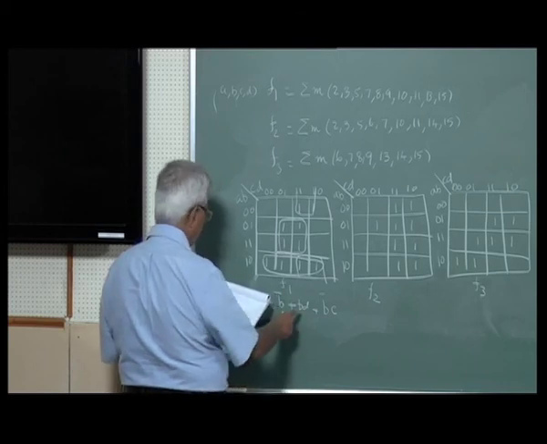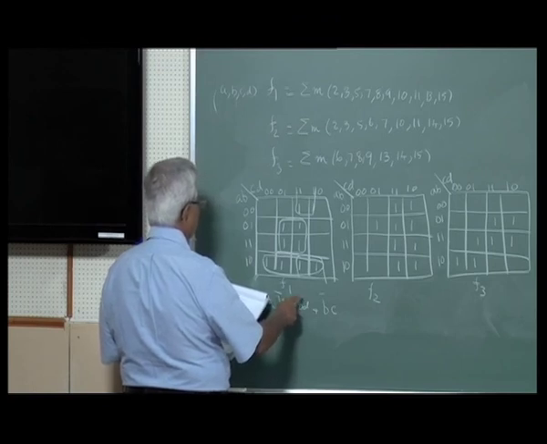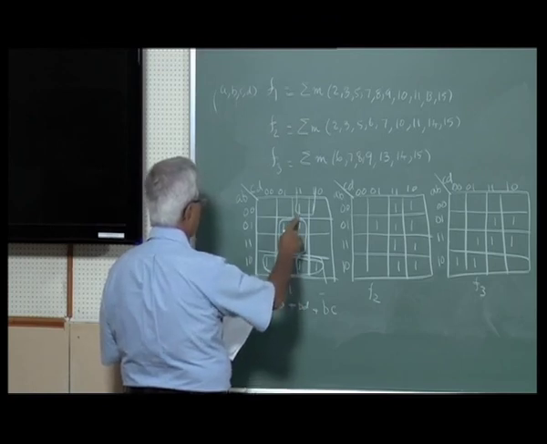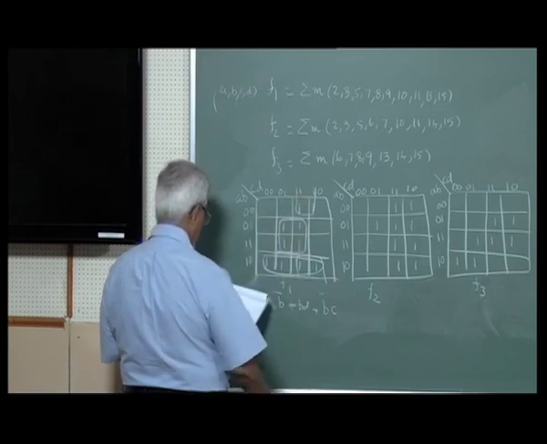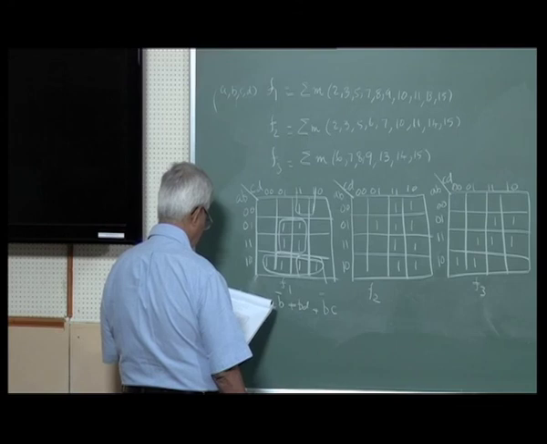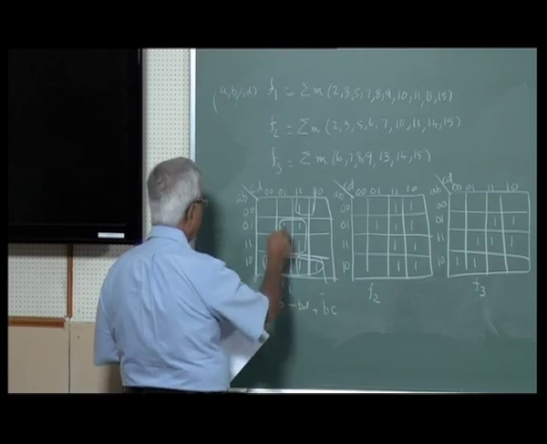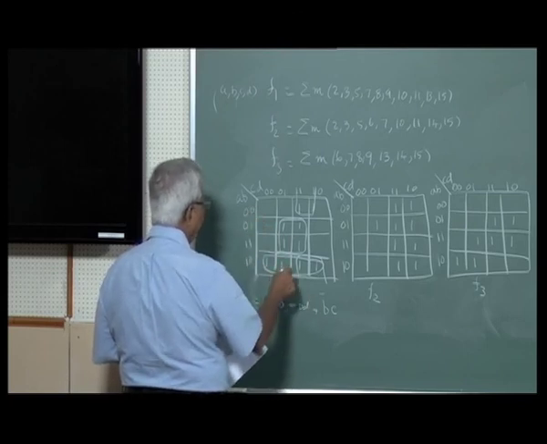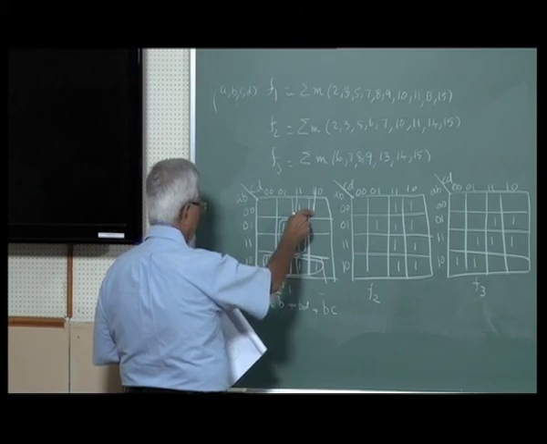BD is fine. CD would be this. AB bar CD BD. AB bar BD. This is BD.